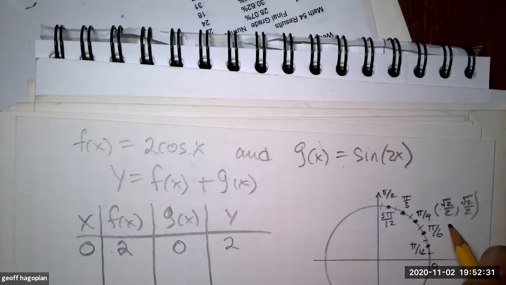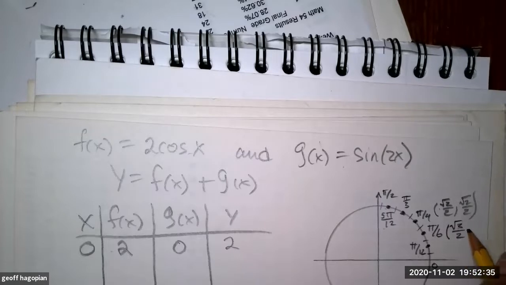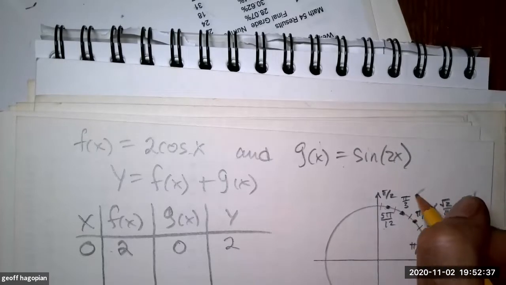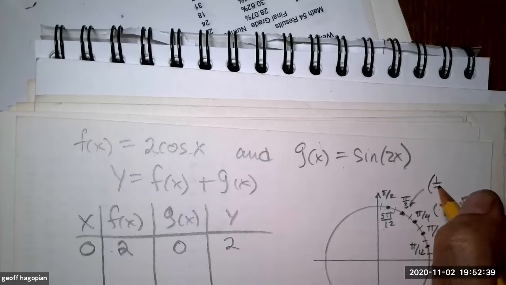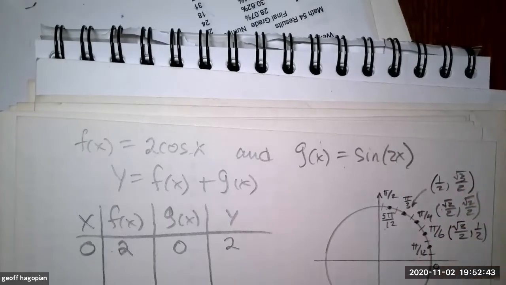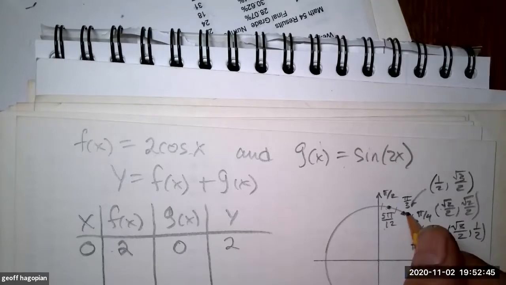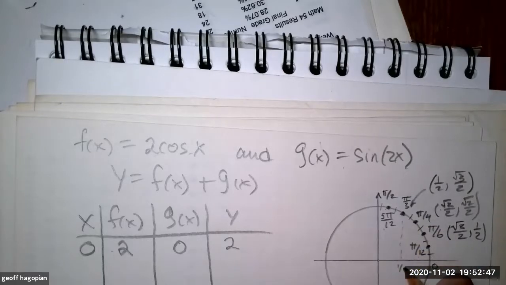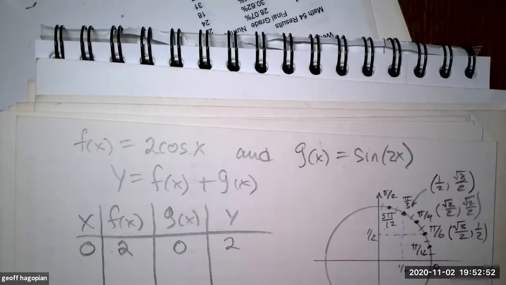But for now, we know that at pi over 6, we have coordinates square root of 3 over 2, 1/2. And at pi over 3, we have 1/2, square root of 3 over 2. Those are reversed, right? So this is 1/2 here, and this is 1/2 there, and the other coordinate is square root of 3 over 2 for each one.